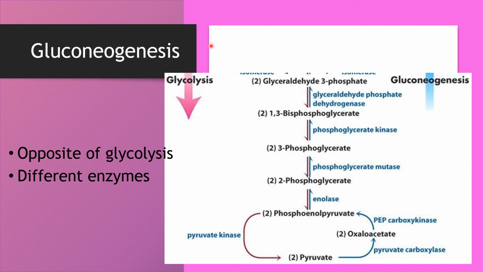Again, we know that it starts with glucose up at the top, and it works its way down to get to your pyruvates. Now, on the right side, we have gluconeogenesis. The arrow got cut off, but it actually goes the opposite direction. It goes up. So we can say we start with pyruvate and work our way up using these enzymes.